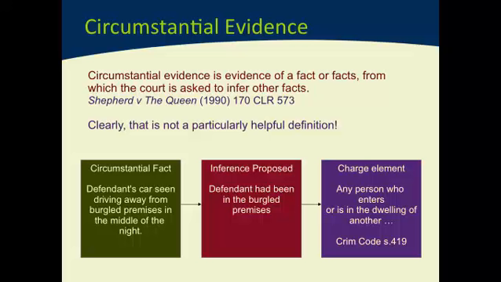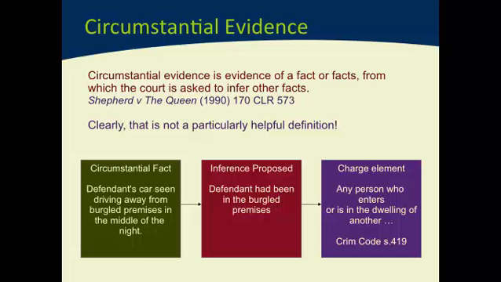That is the legal definition, but what it really means is that you've got a fact that's being put before the court, and that fact itself does not tell us anything about the offence or the cause of action. It's not one of the elements of the offence or the cause of action, but it allows the court to make some assumptions or some inferences that bring it very close to being able to find other facts that are directly related to the crime or the cause of action.